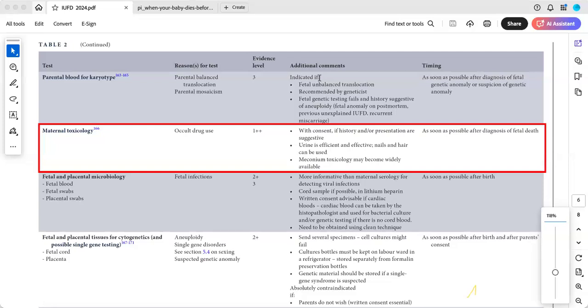It is indicated if a fetal unbalanced translocation is found on the cytogenetic analysis, or if it's recommended by the genetic counselor, or fetal genetic testing fails and the history is suggestive of aneuploidy, for example presence of fetal anomaly on postmortem, previous unexplained IUFD, or recurrent miscarriage. So in this case, parental blood karyotyping is indicated.